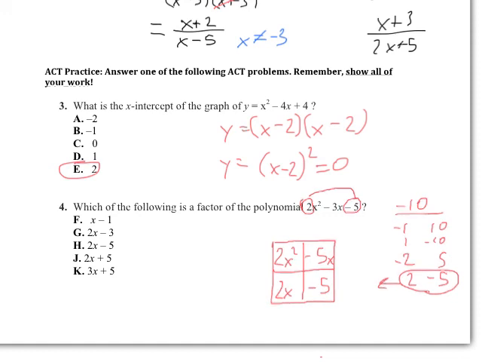So here we go. We have the greatest common factor of 2 and 5. 2x squared and 5x is actually just an x. Furthermore, down here, greatest common factor of 2 and 5 would be 1. Up here, greatest common factor would be 2x, and back here would be -5. And so this problem factors to be x plus 1 times 2x minus 5.